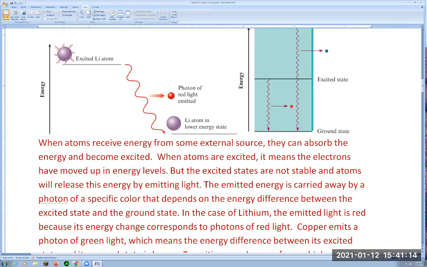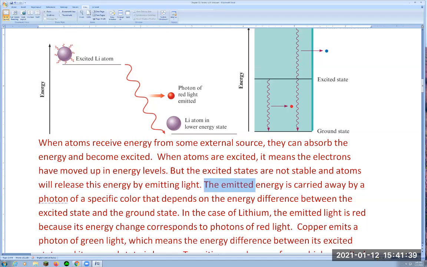So this amount of energy corresponds exactly to the energy of red light. And so that's why we see the flame being red when we are burning lithium. When we are burning it, it excites the atoms, and then when they go back to their lower energy state, they will show a red flame.